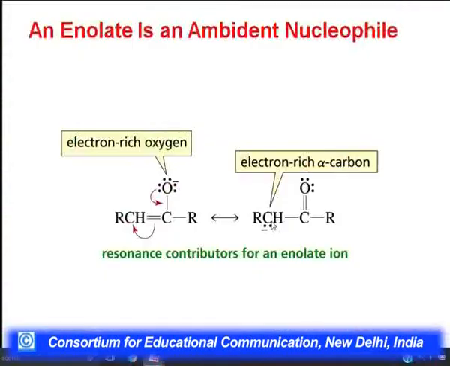That is, it can act as a nucleophile through the lone pair of electrons on the alpha carbon, as a carbanion. And if we look at the enolate structure, oxygen has a negative charge on it, so it can act as a nucleophile from here also.